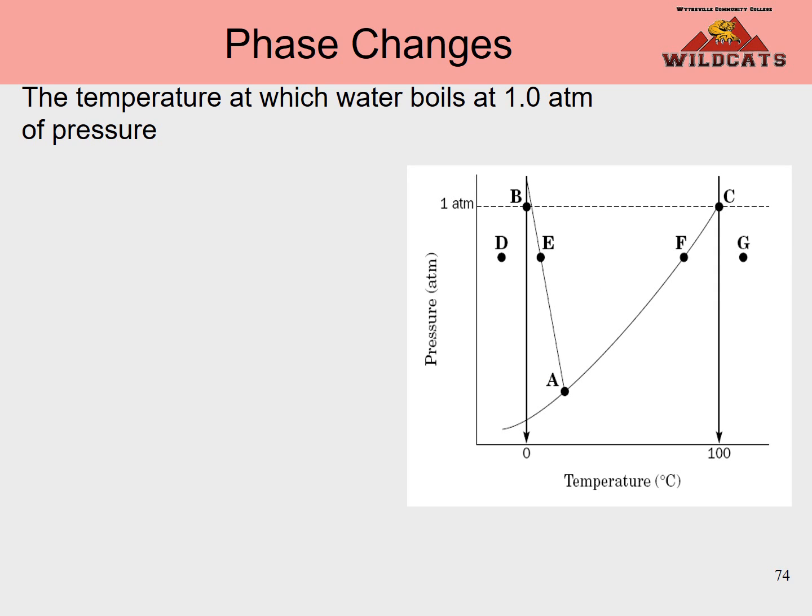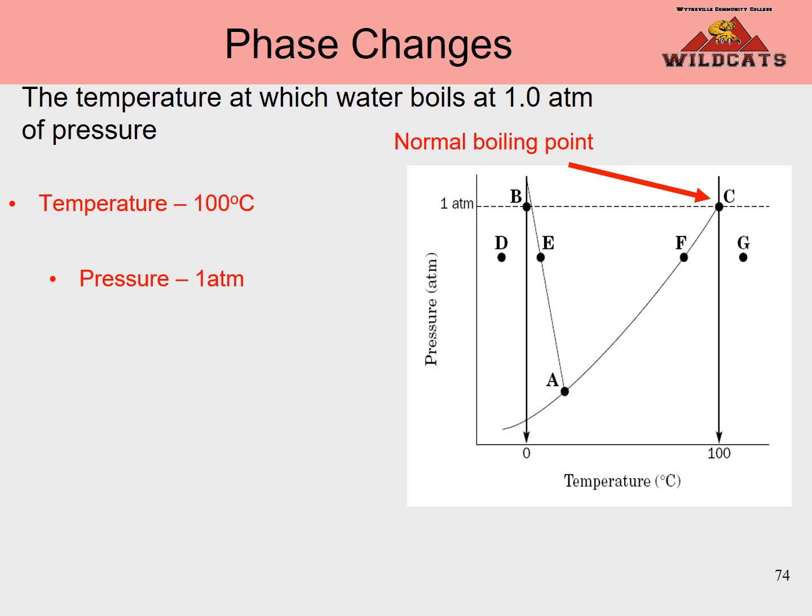Now we're going to look at the temperature at which water boils at 1 atmosphere. It's called the normal boiling point. We've already talked about that. It's going to be 100 degrees Celsius and 1 atmosphere, or 760 torr, or 101.3 kilopascals.